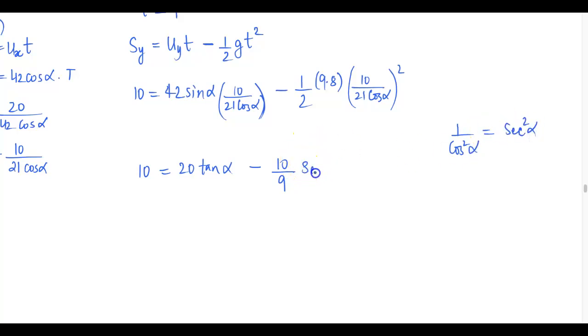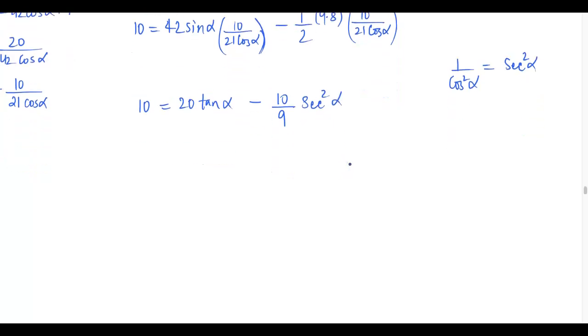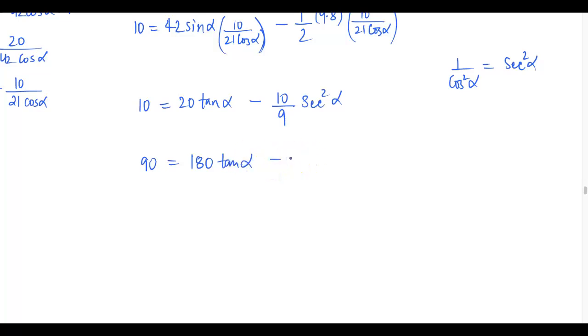So we're going to write sec squared alpha there. If we multiply by 9, we're going to get 90, that is equal to 180 tan alpha minus 10 sec squared alpha. Okay, let's divide by 10. That is going to be 9 equals 18 tan alpha minus sec squared alpha.